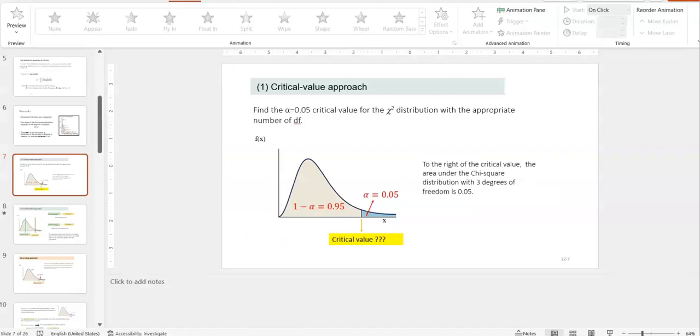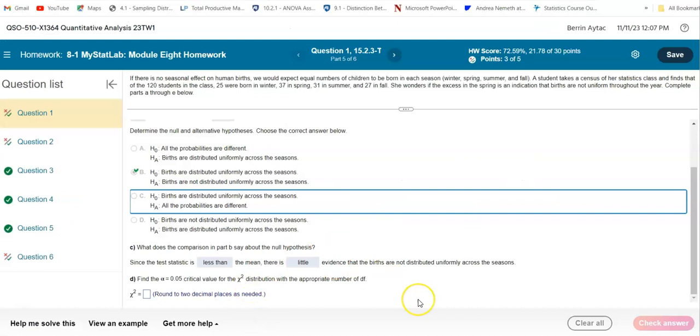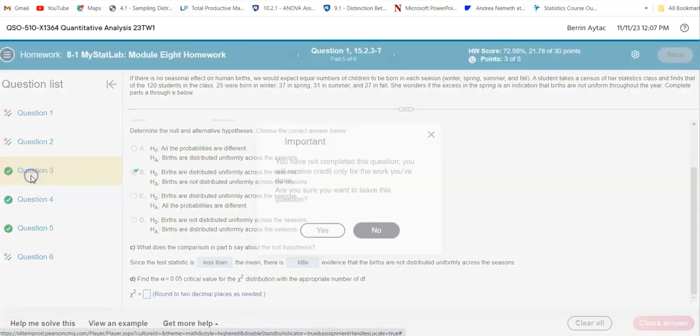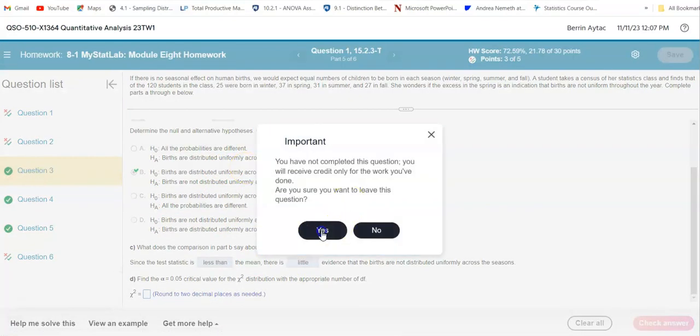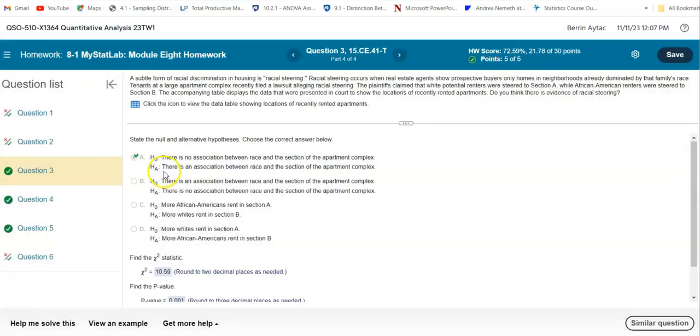So what's the critical test statistic value? Let's go to StatCrunch and find the critical value. You can go to Brightspace and open StatCrunch, or there is a trick: go to the question tree, where there is a data table.